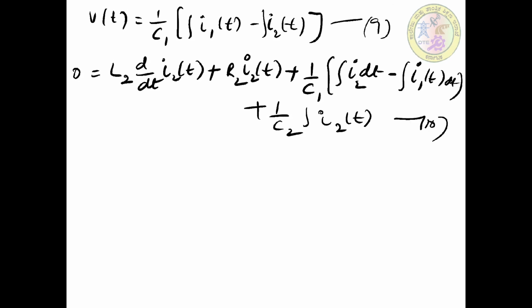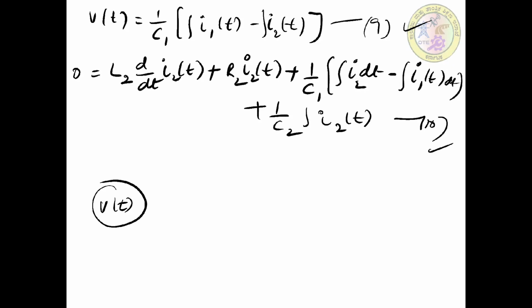Now in order to draw the electrical circuit, we have to refer to 9 and 10 only. As there are two displacements in the problem, x1, x2, it gives us a two loop circuit. Number of loops will be 2 here. So equation 9 forms the first loop and equation 10 forms the second loop. First loop, what all does it have? On the LHS we have the source, V of t.